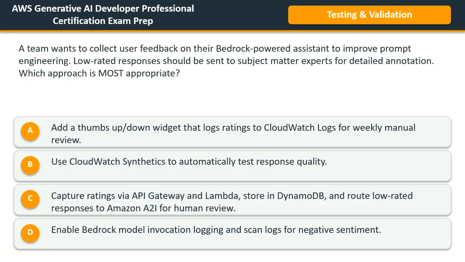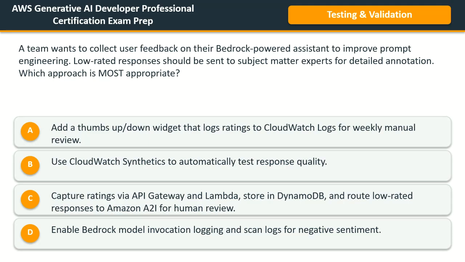The team wants to collect user feedback on their Bedrock-powered assistant to improve prompt engineering. Low-rated responses should be sent to subject matter experts for detailed annotation. Which approach is most appropriate? Option A, add a thumbs up or thumbs down widget that logs ratings to CloudWatch logs for weekly manual review.